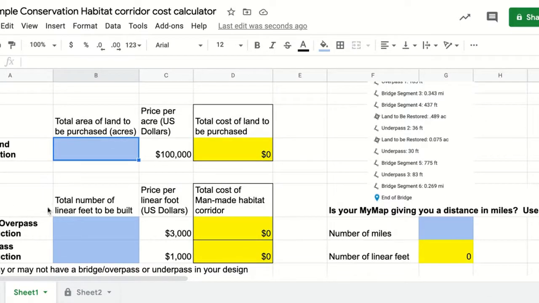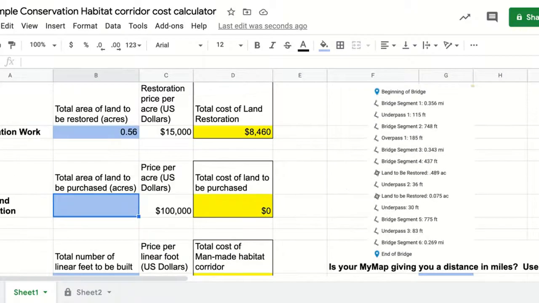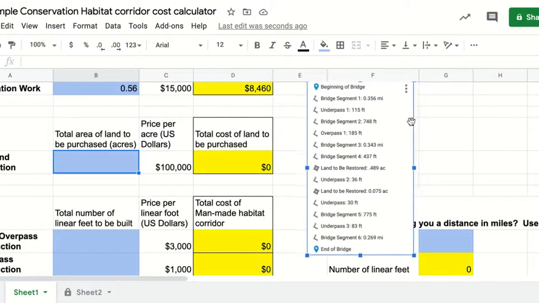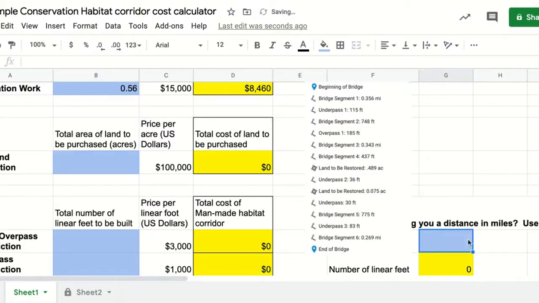But I do have some bridge, overpass and underpass construction. Some of my bridge segments are in miles and some are in feet, and I need all of them to be in feet. So I'm going to use my conversion square to convert all of these bridge segments that are in miles into feet, because you can't add miles and feet, as they don't have the same unit.